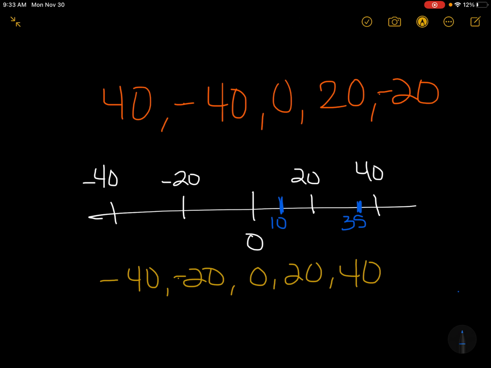Well, we know that that's going to be -25 if we change that to a regular number, if we simplify that. So -25 would be just after that -20, but before that halfway point of -20 and -40. This is integers on a number line.